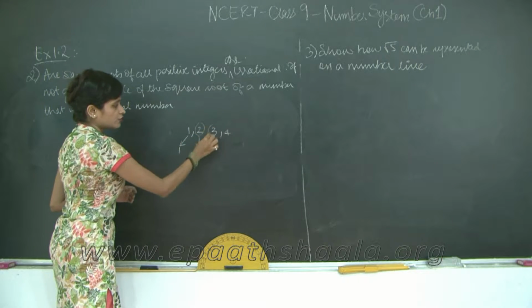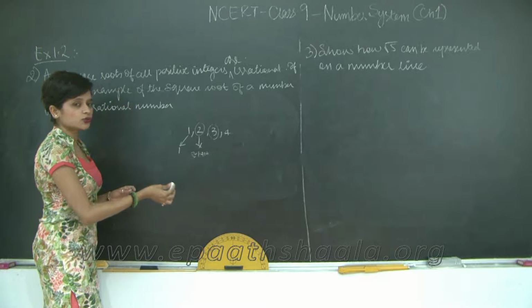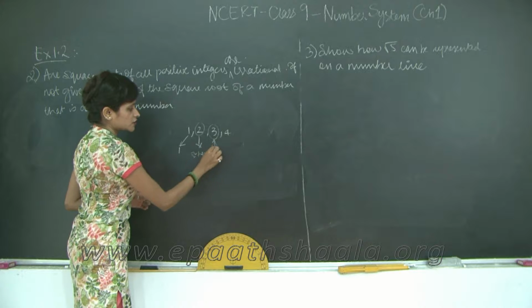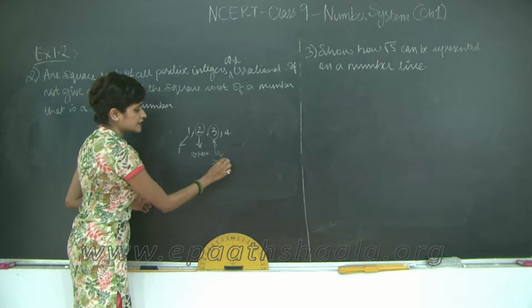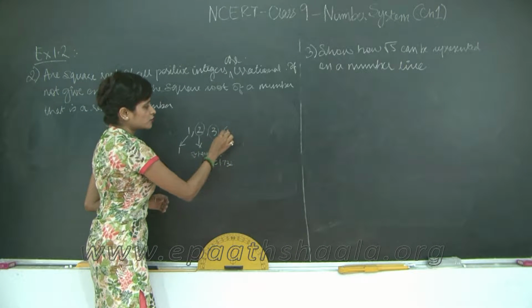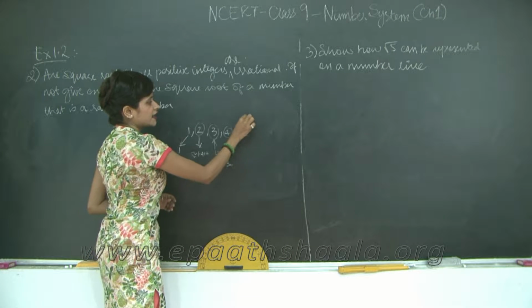For root 3 also, since it is a prime number, remember we learned that square roots of prime numbers are irrational. Its value is approximately 1.732, a non-repeating decimal. What about root 4? The square root of 4 is 2, which is rational.